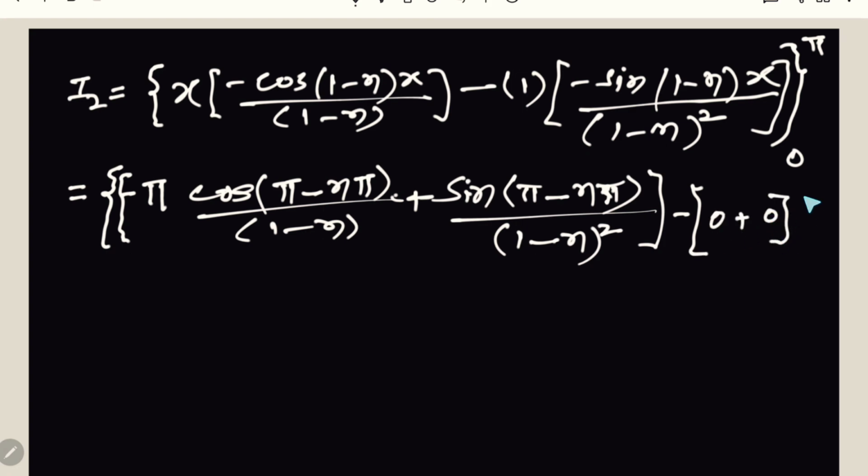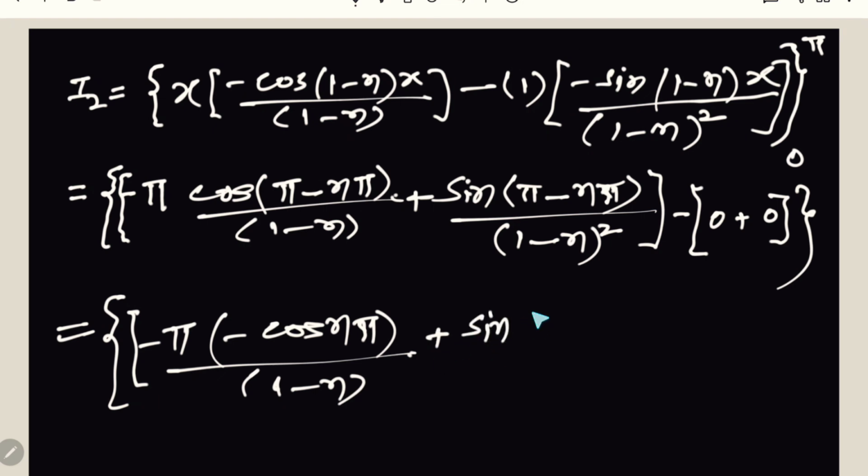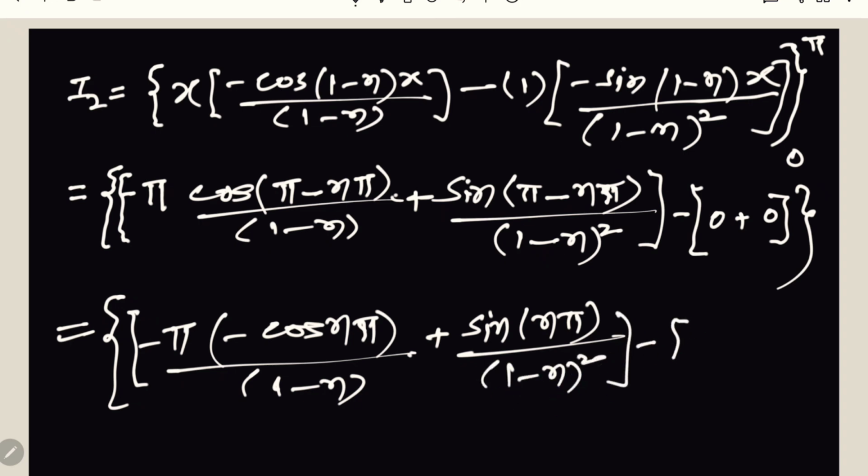Lower limit x is 0, sine 0 is 0. Cos pi minus theta is minus cos theta, therefore it becomes minus pi into minus cos n pi whole divided by 1 minus n, and sin pi minus theta is sin theta, means sine of n pi divided by 1 minus n whole square, and then substituting the value of cos n pi and sin n pi.